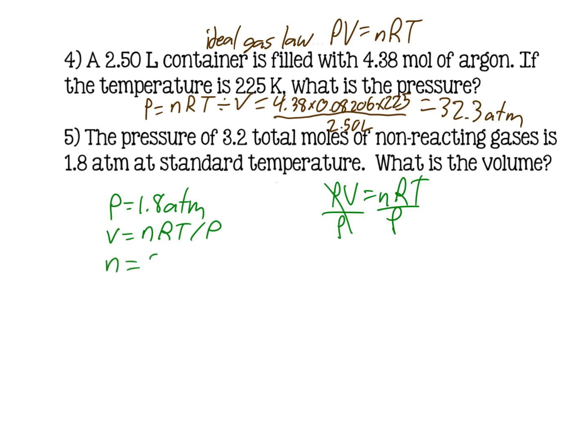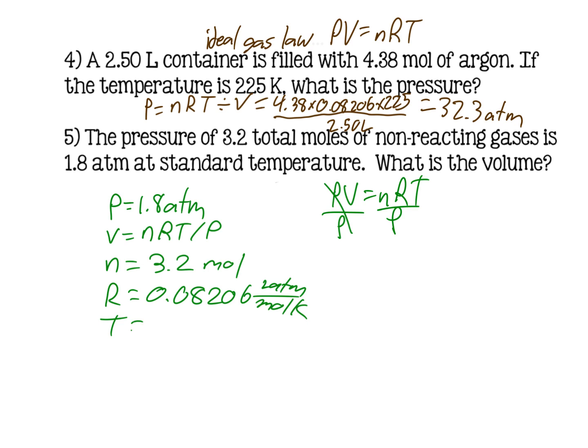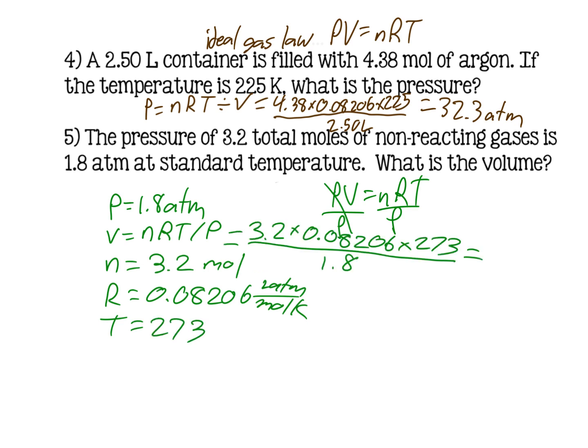Our number of moles n is 3.2. Our ideal gas constant is always the same, 0.08206 liter atmospheres per mole Kelvin, and standard temperature is 273 Kelvin. We can plug all this into our rearranged equation and get that the volume is 39.8 liters.